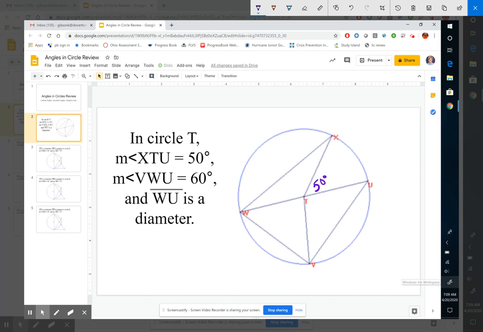And the measure of angle VWU is 60, that would be here. And that segment WU is a diameter, so that's this one that goes across the circle. With this, we're going to figure out and just work our picture. You've got to take what you got and see how you can use it.